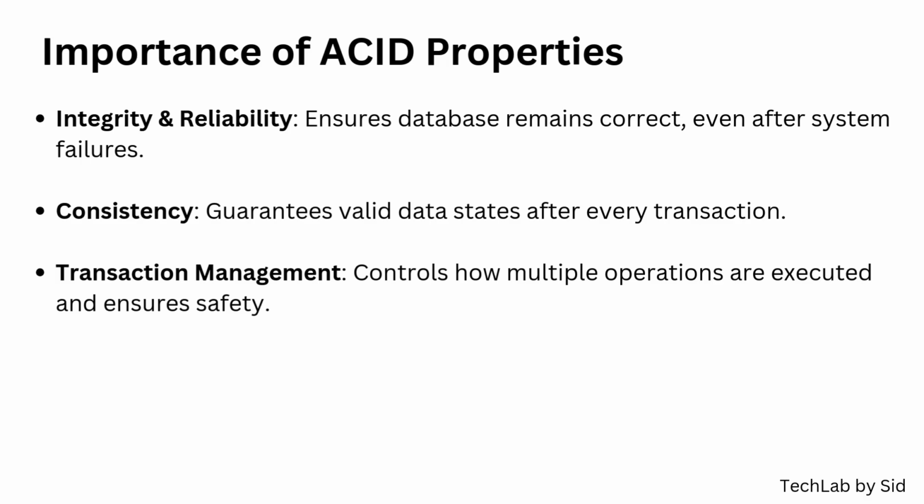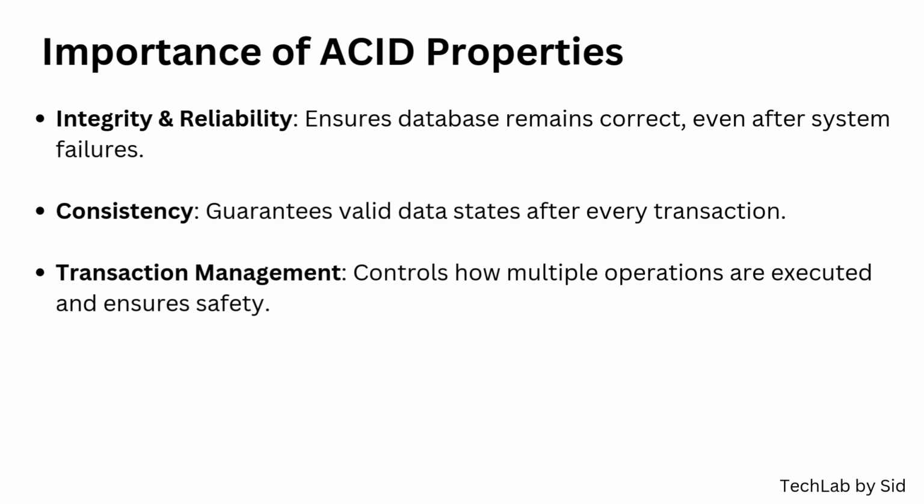ACID ensures that transactions are processed safely and reliably. Atomicity ensures that a transaction is treated as a single unit, meaning it either fully succeeds or fully fails. Consistency guarantees that the database will always transition from one valid state to another, maintaining all defined integrity rules.